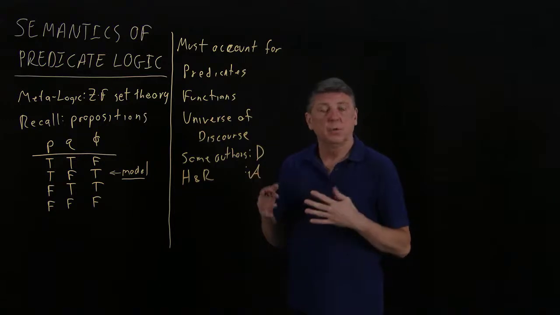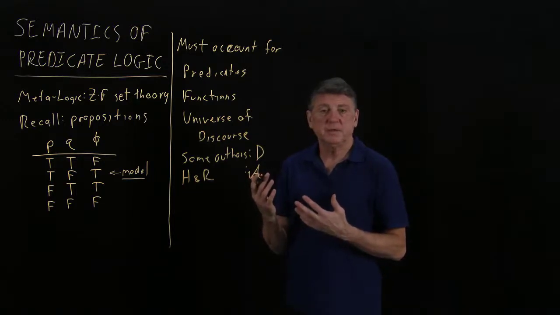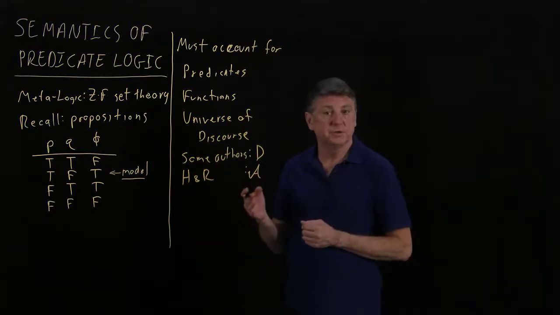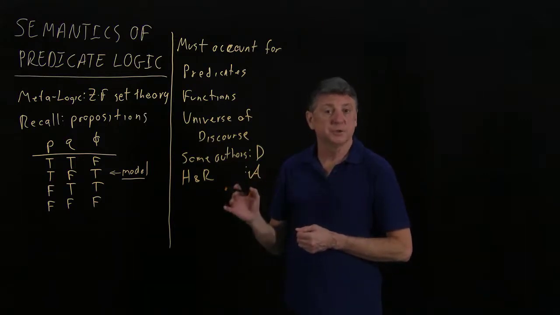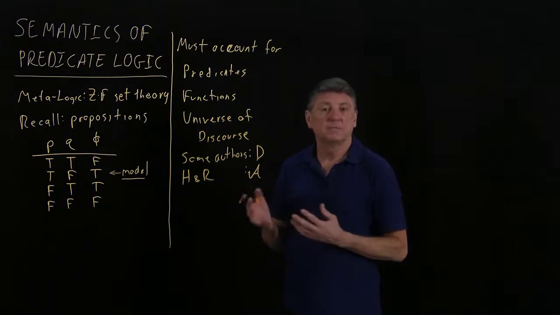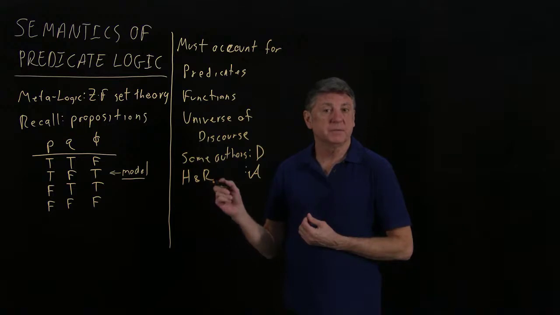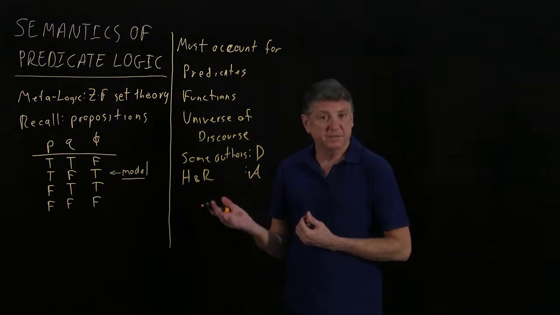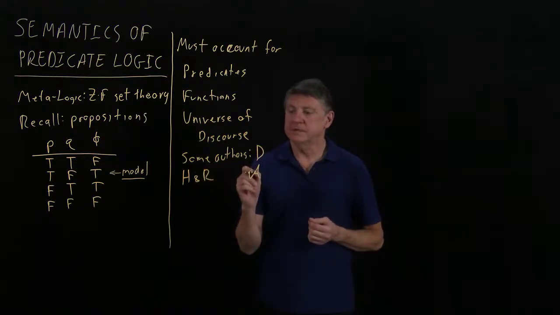For example, we might want to restrict our universe of discourse to be the natural numbers. So it would be 0, 1, 2, 3, etc. We might only want to talk about binary, 0 and 1. We might want to be talking about logic with 4 values. So it might be 0, 1, 2, 3. And so that would be a base 4 logic. So we'll have to account for all of these.